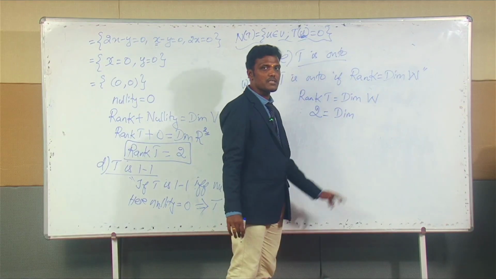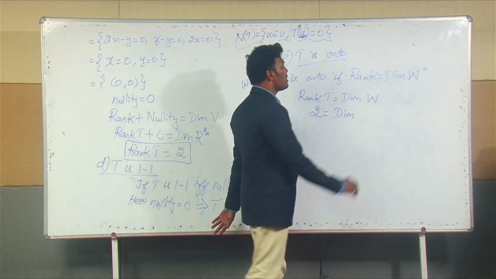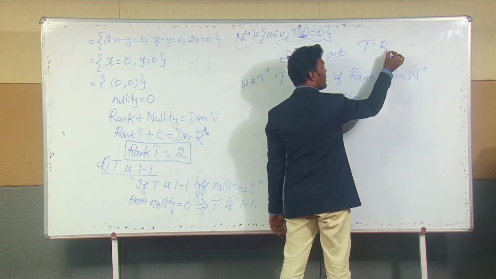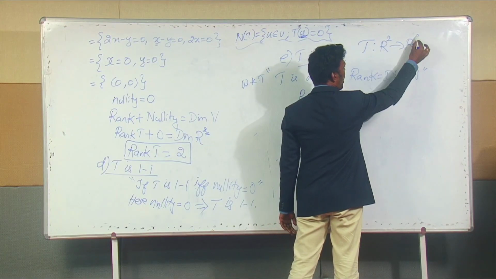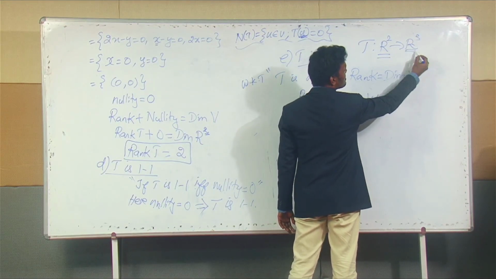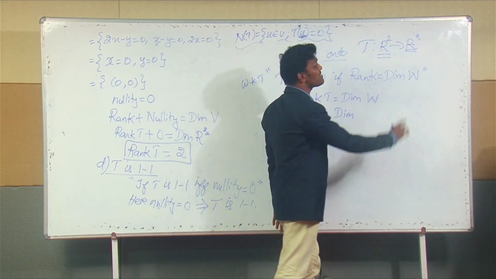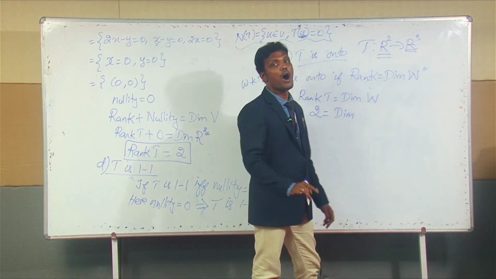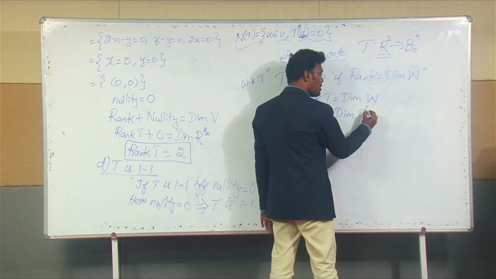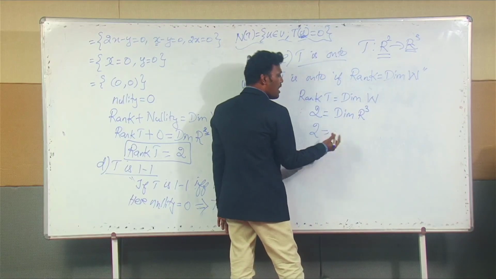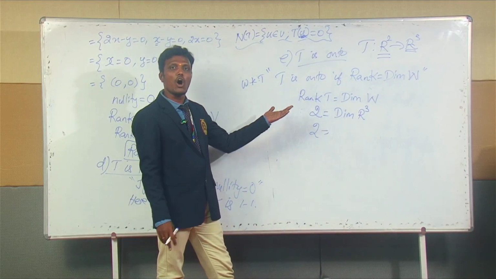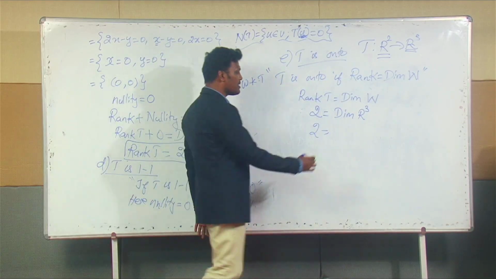What is the vector space W? I have already told you. The question is T from R square to R cube. This is the domain and this is the codomain. We have to choose the codomain vector space R cube. So what is the dimension of R cube? It's ordered triplets, so the value is 3.